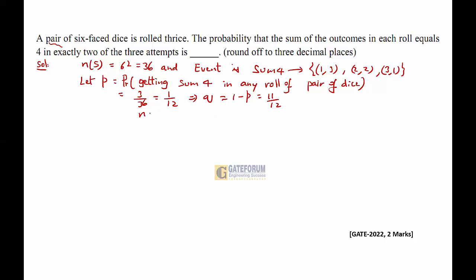N is equal to the number of independent trials. A trial means performance of that experiment, that is rolling a pair of dice, so 3 times, thrice.